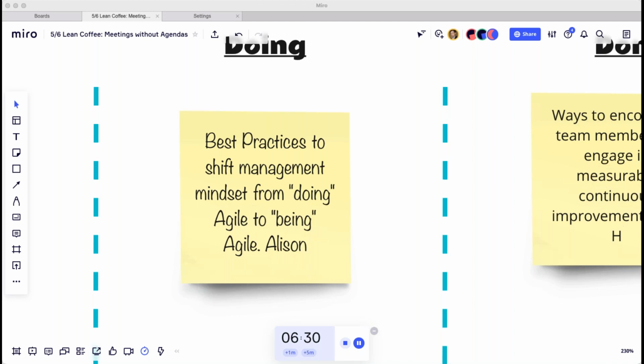There's a good article on the SAFe website about the role of the manager in scaled agile, and just like Tim was saying, I think it was Tim, that idea that your job now is to grow people and to attend to these things, and that can be a great place to start.